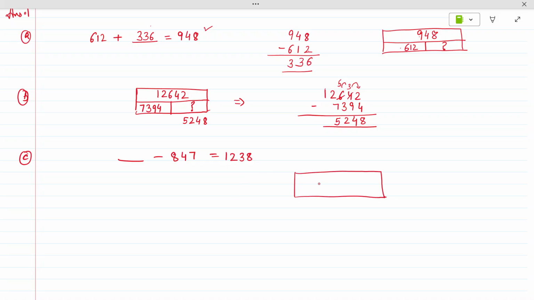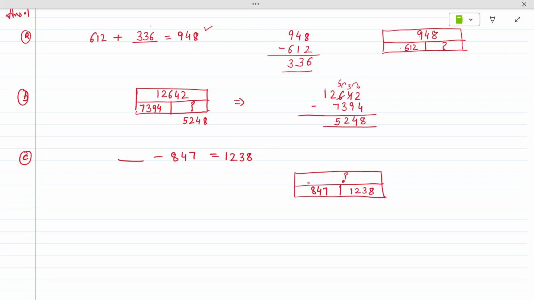This is the case of subtraction. If I subtract 847 from this question mark, I get 1238 as the answer. This is what the question says. From the bigger number, the sum basically, I'm subtracting one number and I get the other number.